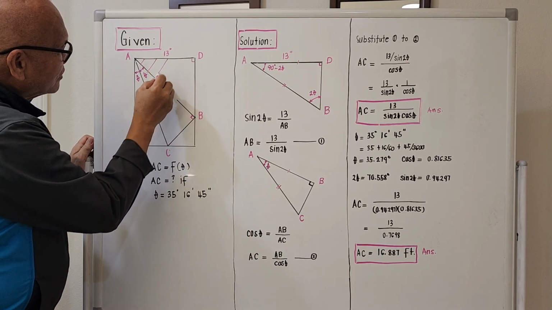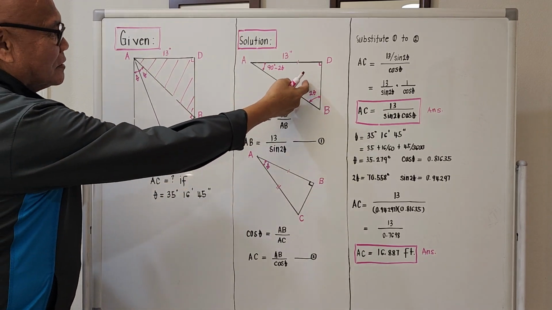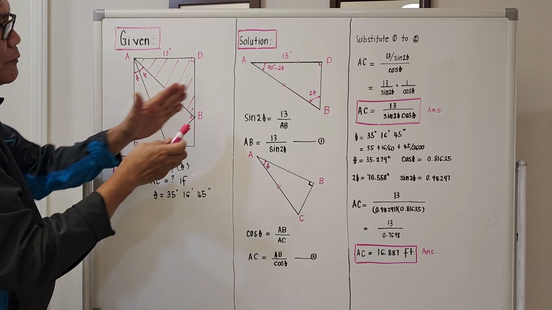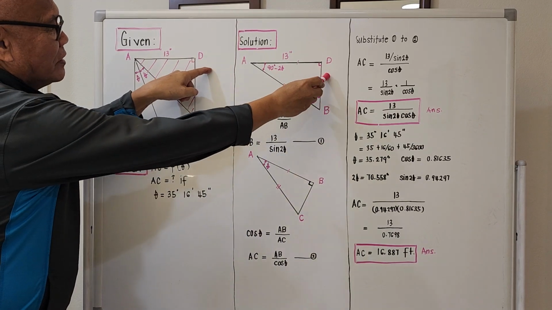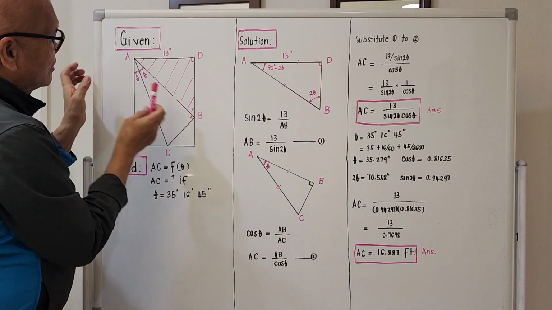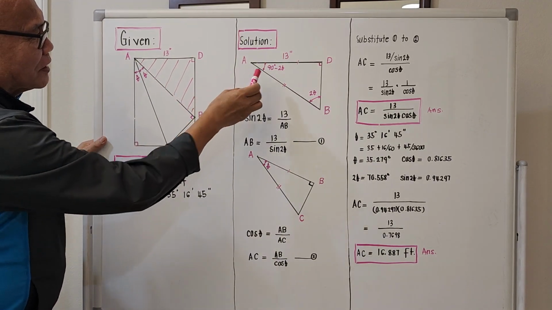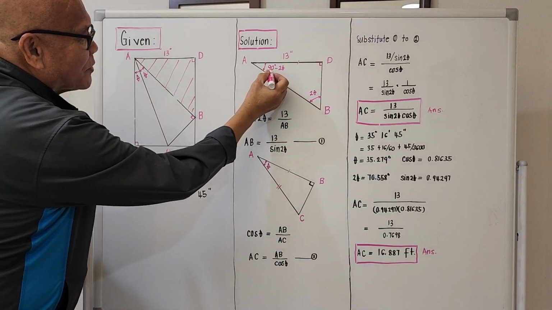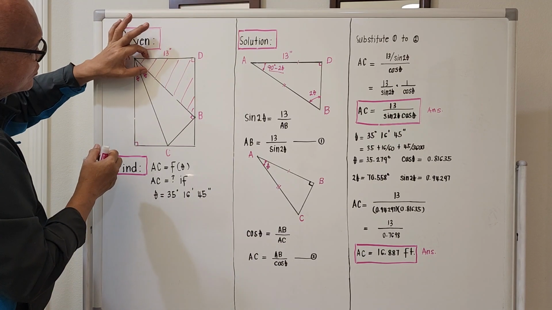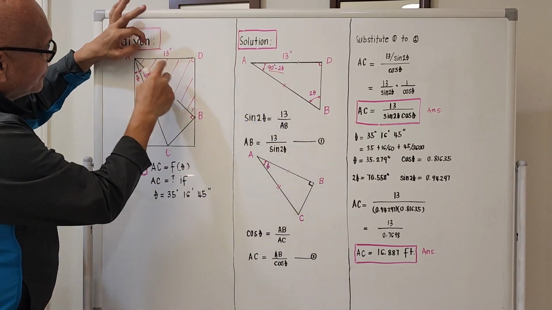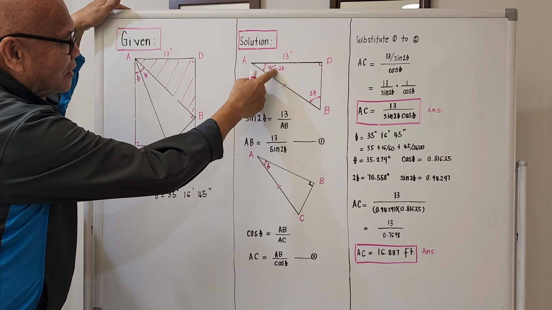We will put the designations: this is A, this is D, and this is B. If this angle is theta and this is theta, then this angle is 90 degrees minus 2 theta, because this is twice theta. So the angle should be 90 degrees minus twice theta.